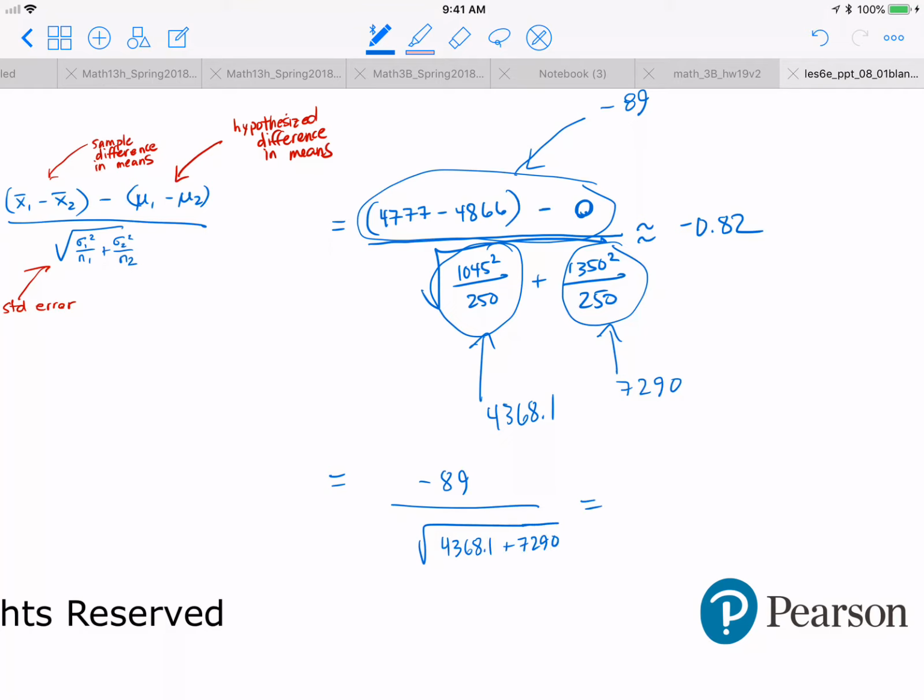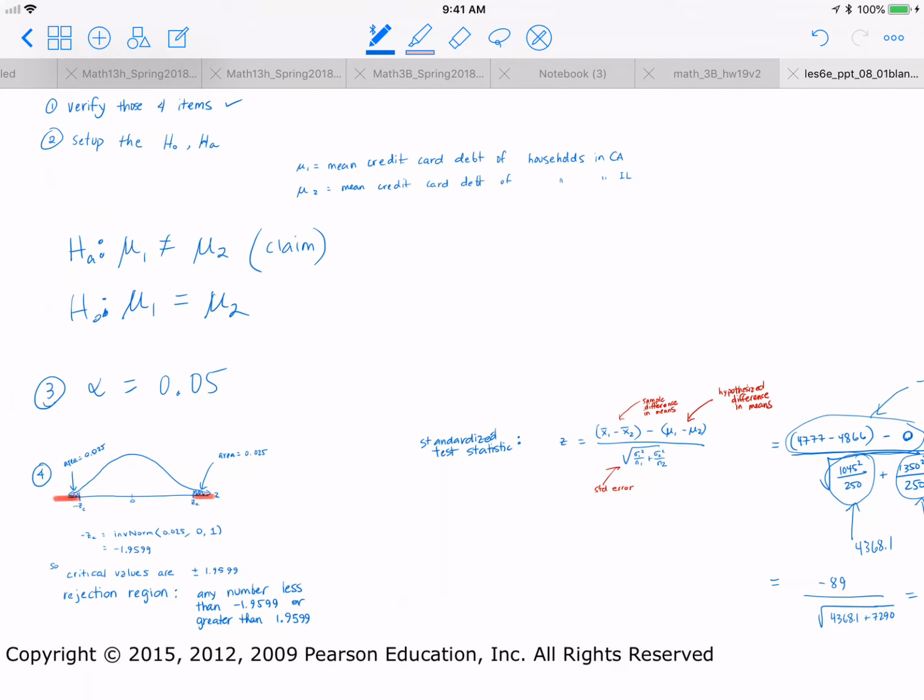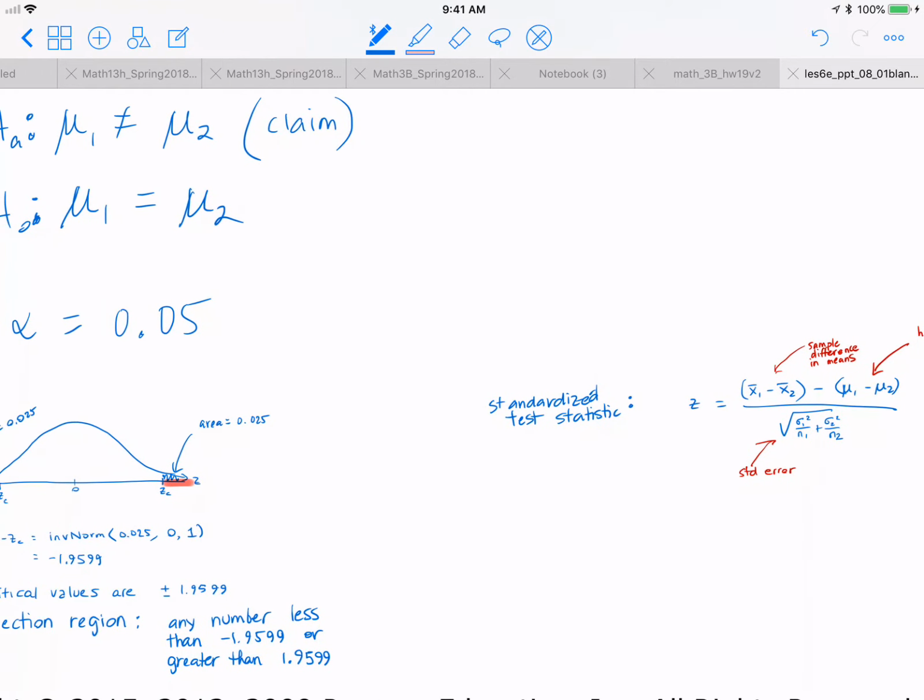So this is negative 89 divided by the square root of 4368.1 plus 7290. Yes, it's negative 0.824282578.